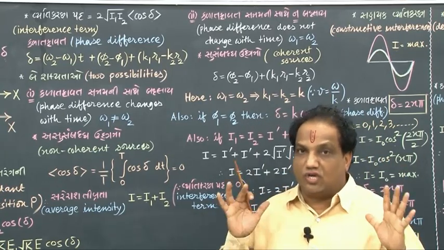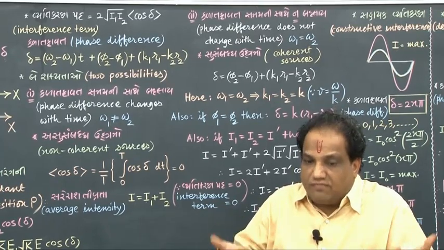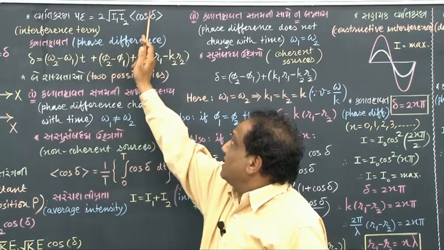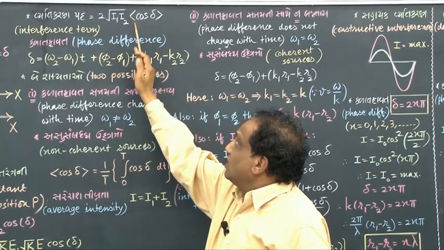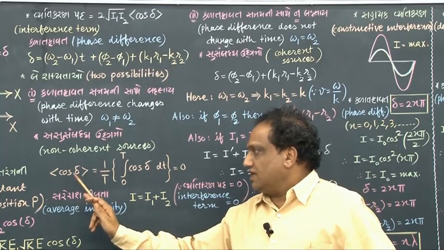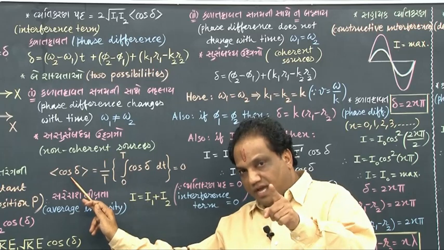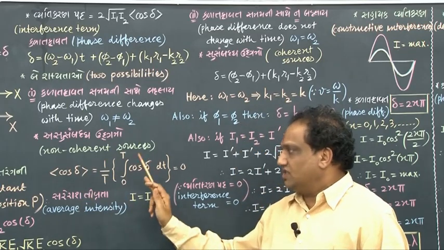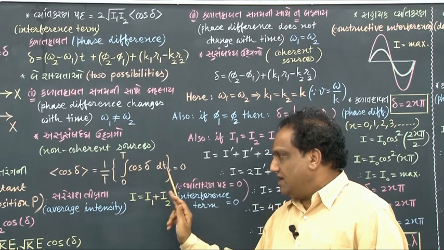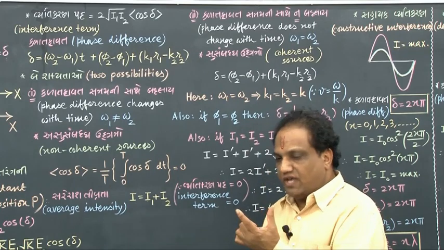And for such non-coherent sources, what would be the value of the interference term? Let us find out. In this interference term, you are finding the average of cos delta. So let us find out this value first of all. If we take the average of this value over one periodic time, then you should find it this way: integration from 0 to capital T of cos delta dt divided by capital T. You know how to find an average.